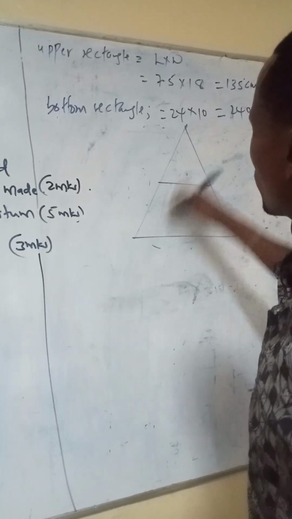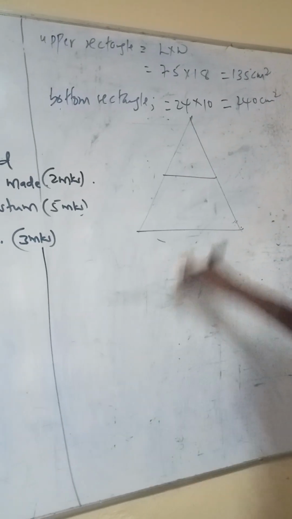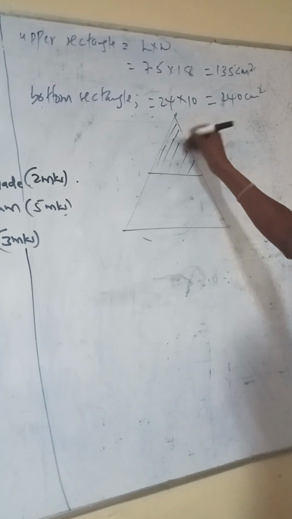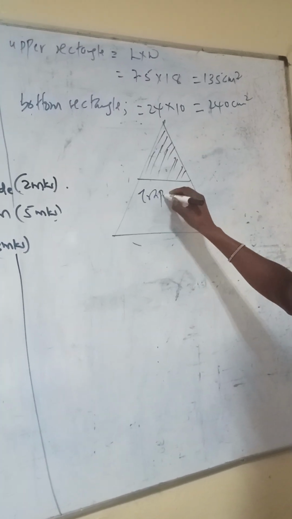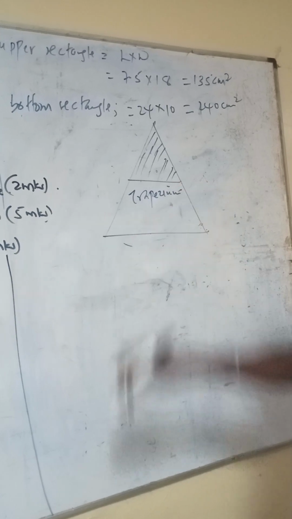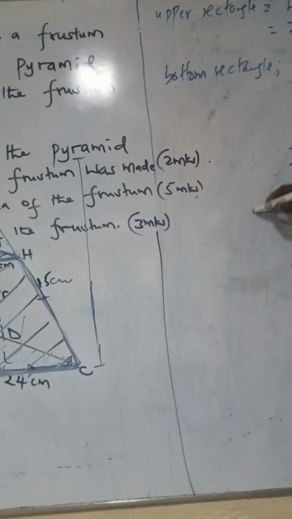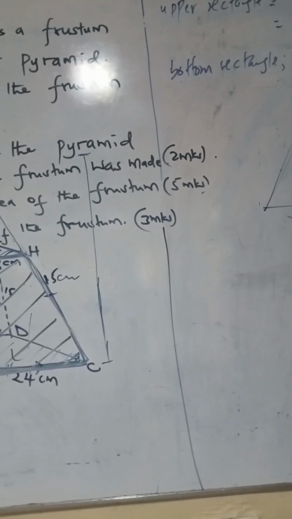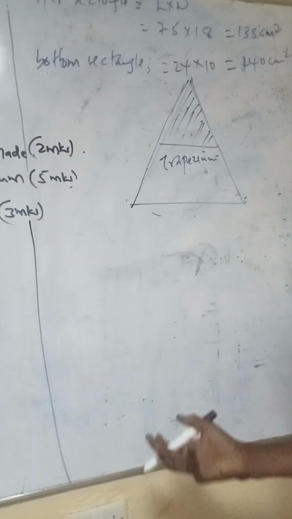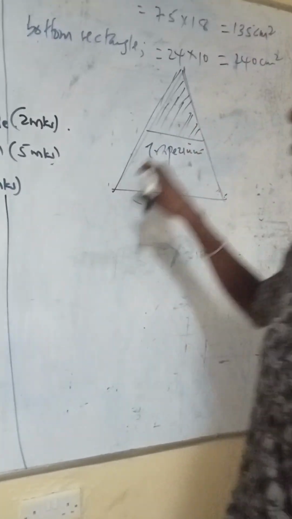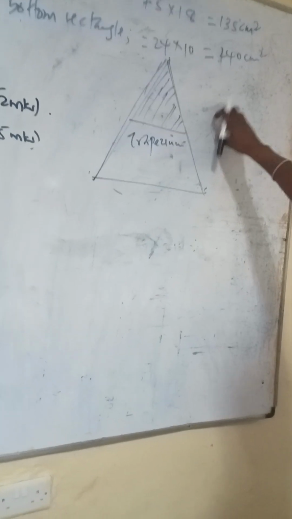You look for the area of the bigger triangle minus this area here, and what will be left is the area of this trapezium. You multiply by 2 because there is another one there. But this one you can do when you have the edges, which is possible to get, but also there is another way. So this is the first way that you can use.